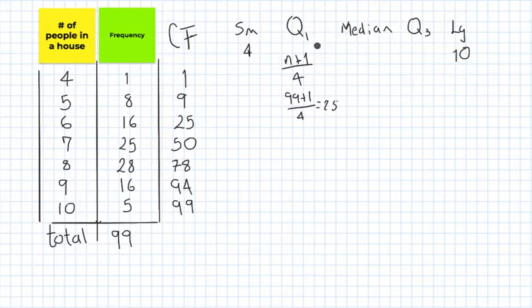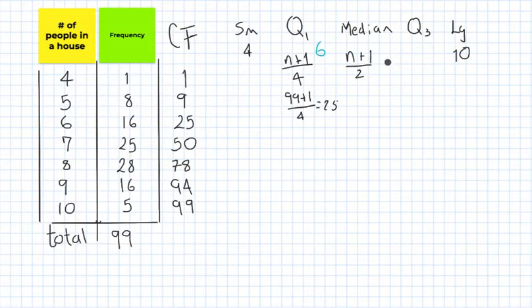Okay, so I'm going to write it here, 6, right? Now, we're going to find the median. To find the median, we're also going to take n plus 1, but in this case, we're going to divide it by 2, remember that the median is the value that is in the middle of the data set when it's organized.